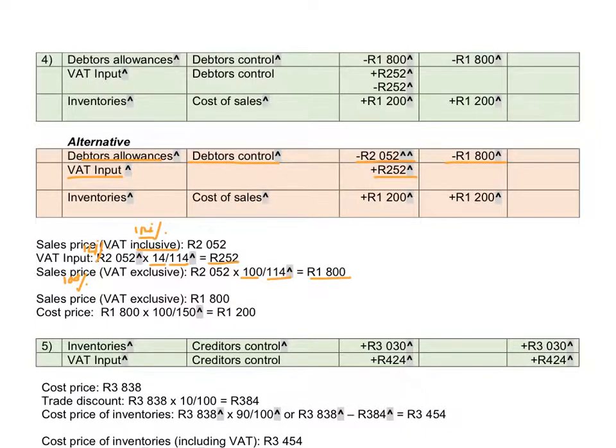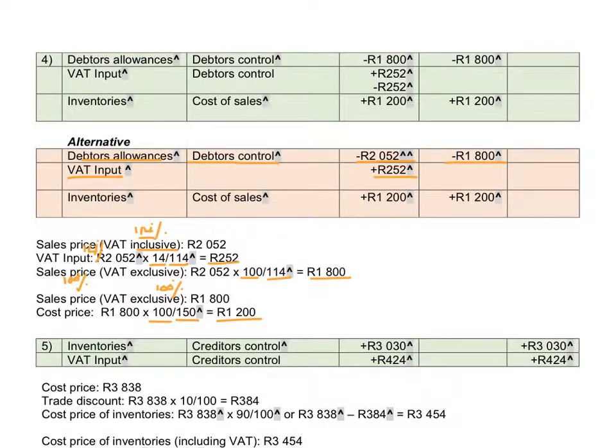Then we have to calculate the cost price. The sales price is 1,800. That's excluding the VAT, so that means it's the 100%. So the cost price will be the one that we want, 100, divide by the 150 that we know, and that will give us 1,200 Rand.